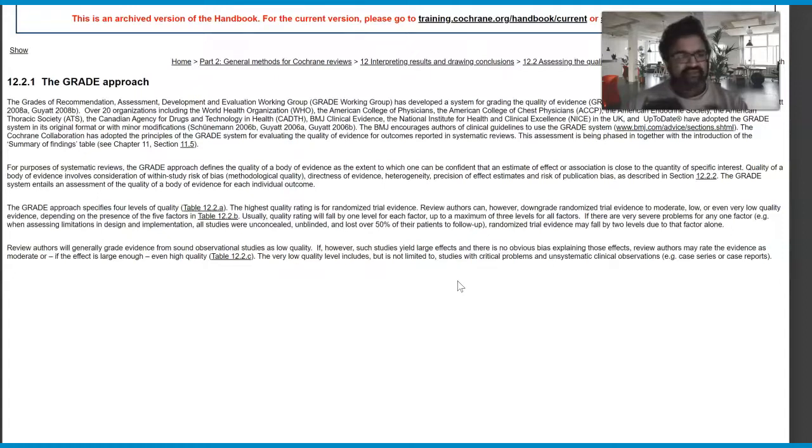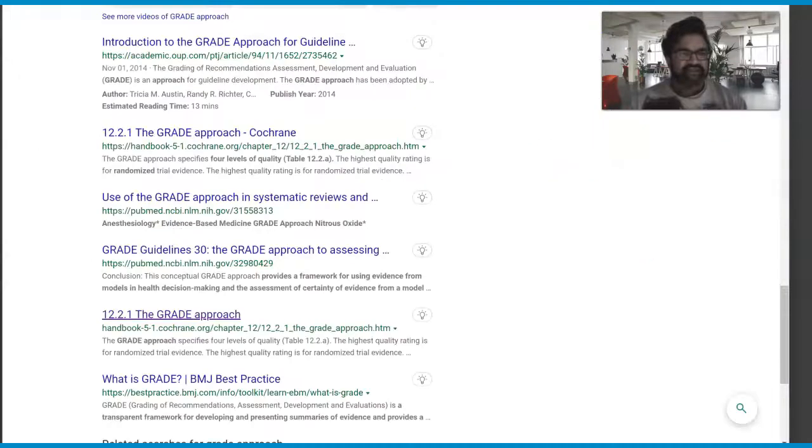If you go through this GRADE approach, then you can better understand how to expand on the research question that you've created. So this, in a nutshell, is all part of the GRADE approach.